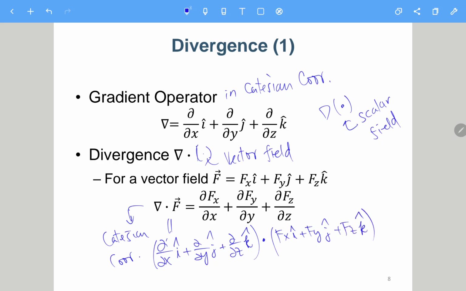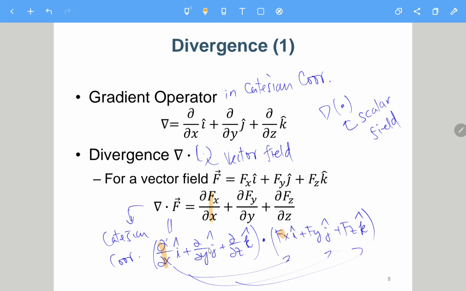Okay, so you can distribute this, which means that we have i hat dot i hat, which will be 1, and then i hat dot j hat will be 0, i hat dot k hat will be 0. So for the first term, we only have partial x of fx, because i hat dot i hat is 1, but i hat dot other hat will be 0.